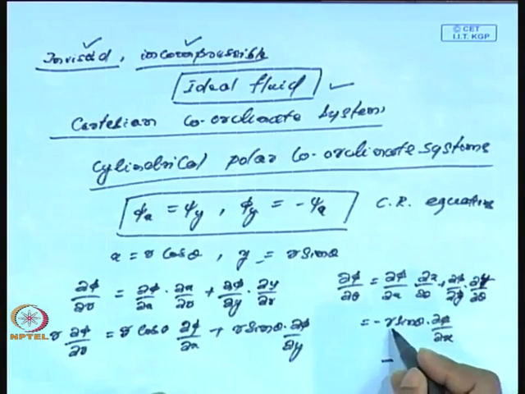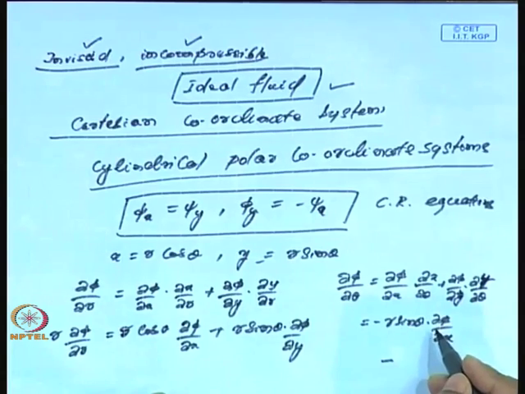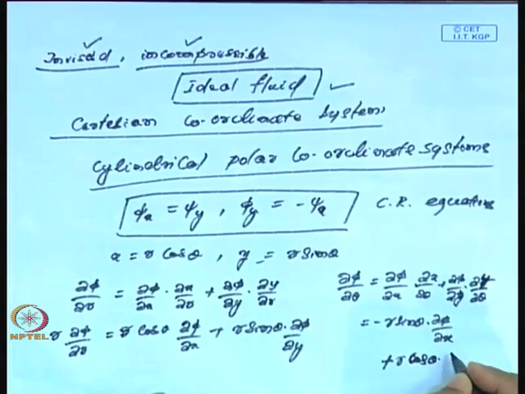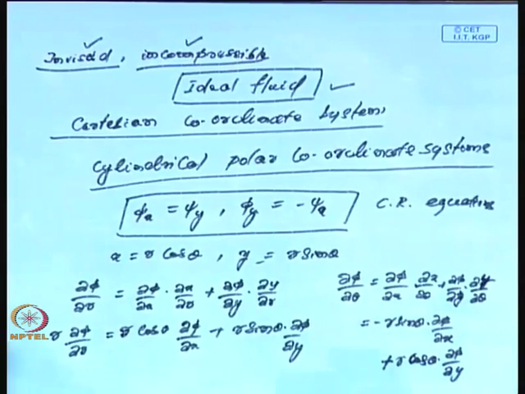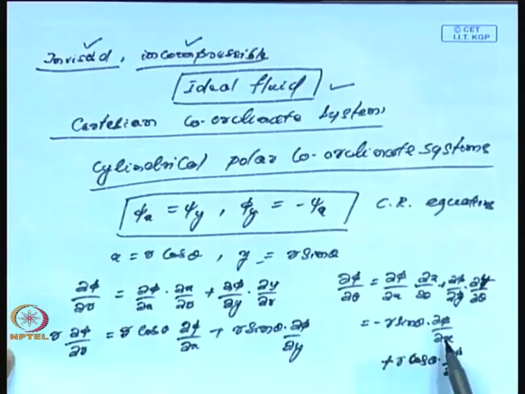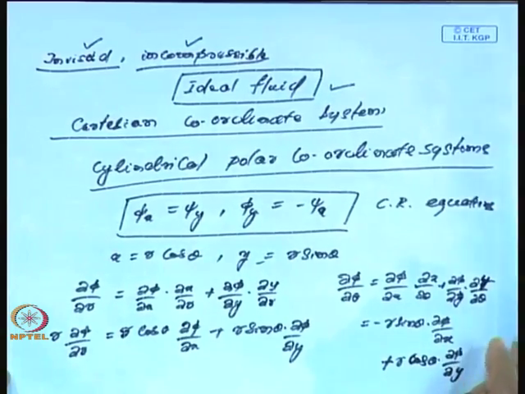So this is minus r sin theta del phi by del x plus r cos theta into del phi by del y. Now we know that r del phi by del r is r cos theta del phi by del x plus r sin theta del phi by del y. On the other hand, del phi by del theta is minus r sin theta del phi by del x plus r cos theta del phi by del y.